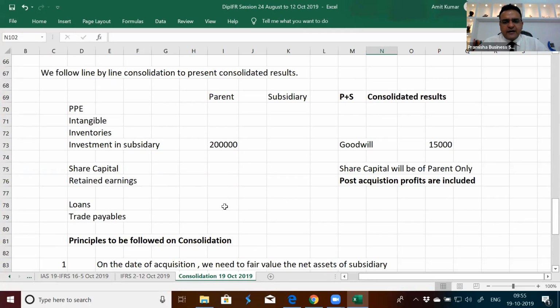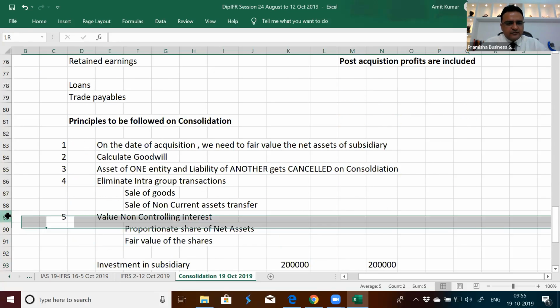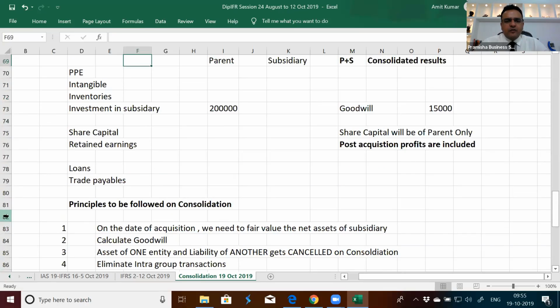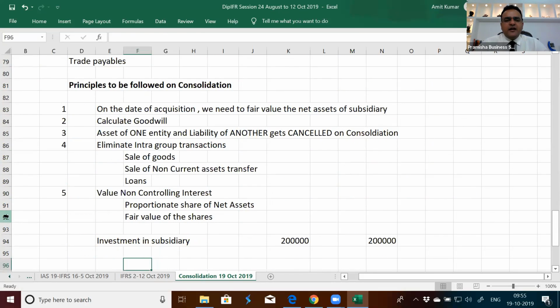Loans will be added with loans: loan of parent plus loan of subsidiary. But if there is an intra-group loan, an intra-group transaction between them, how will we present it? We'll follow the same concept. The asset of one entity and the liability of another get cancelled on consolidation.